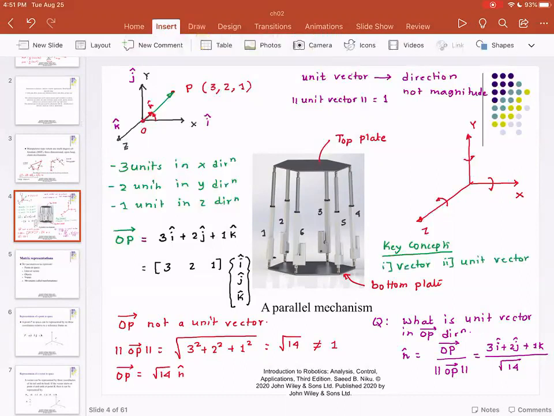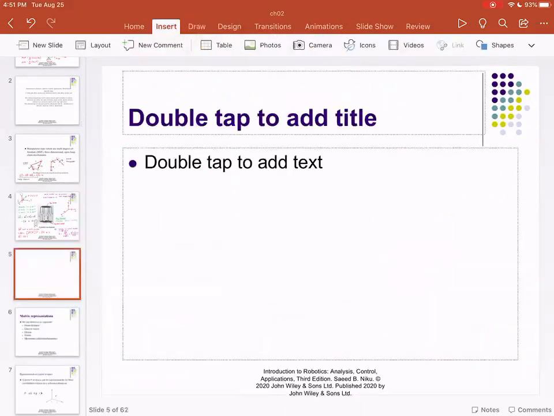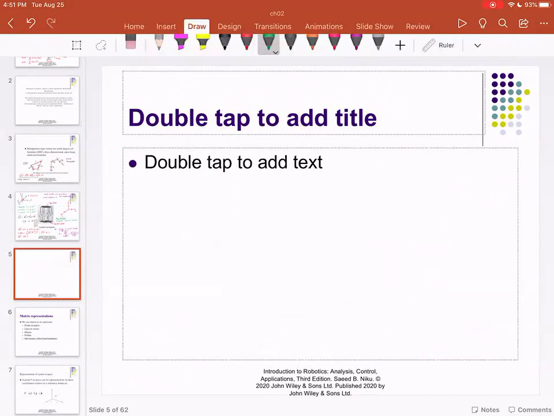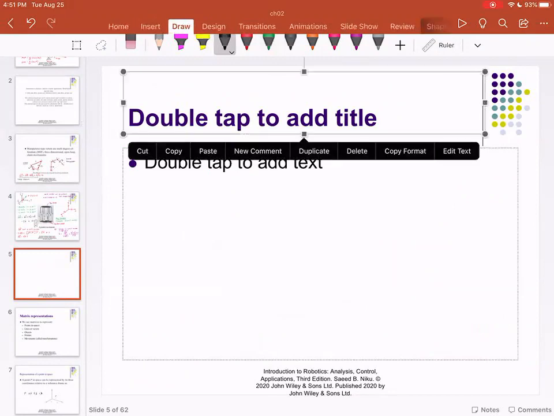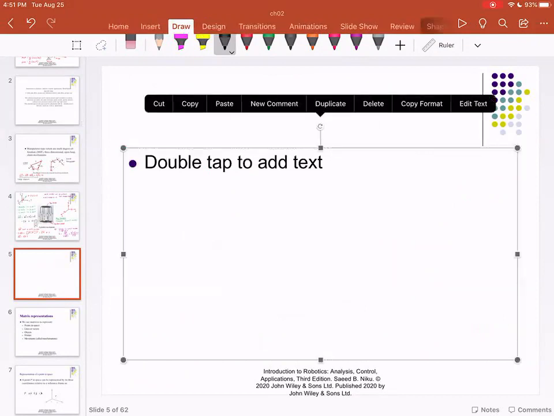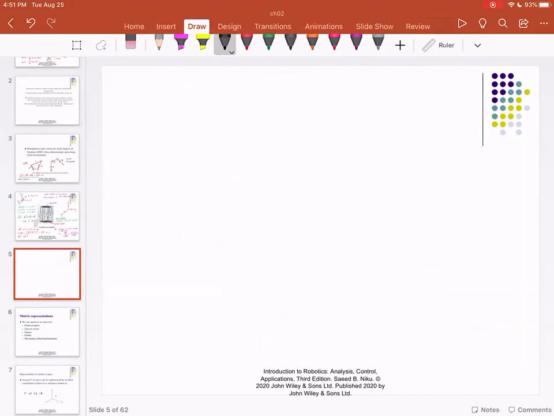Now, what I want to discuss is something else, which is very important, called the projection of vectors. Most of you have studied this all the way in EGR 217, but let me discuss some of these concepts.